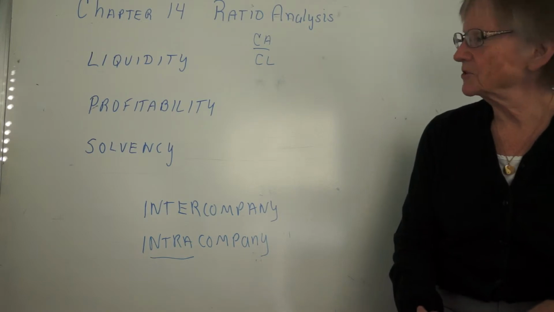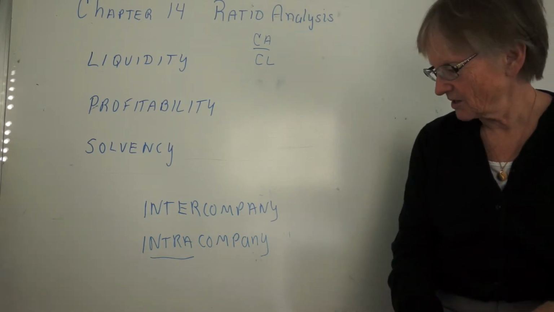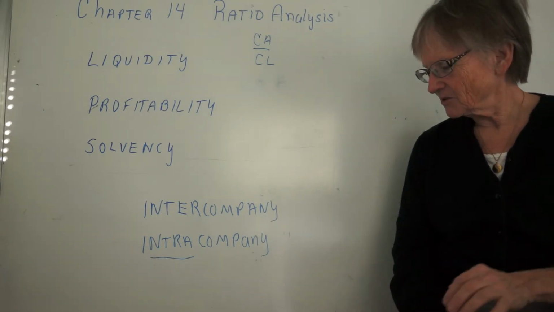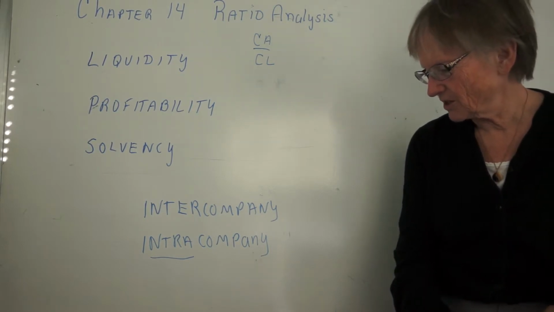And then solvency. Solvency is the long-term ability of the company to stay in business, to survive over the long term. And here you get into things like the debt to total assets ratio, or times interest earned.